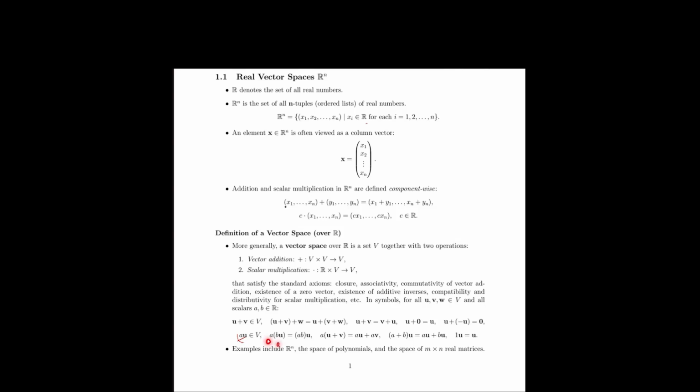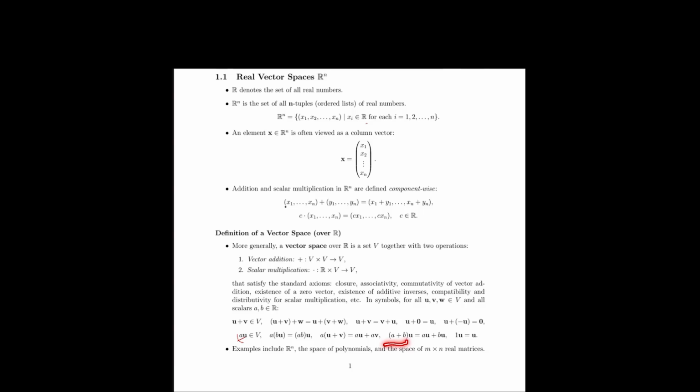Also, if you have a and b, and multiply b by u and then multiply that by a, the result would be the multiplication of the scalars a and b, and then multiplication of that result by u. Also, if you have a scalar times u plus v, the result would be a times u plus a times v, which is distributivity for scalar multiplication.